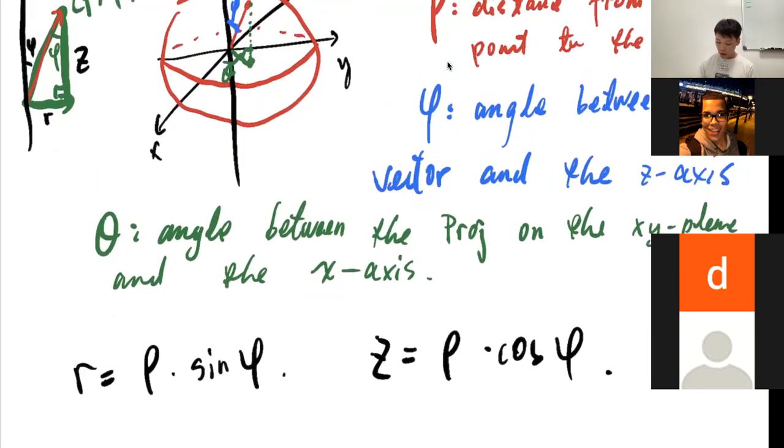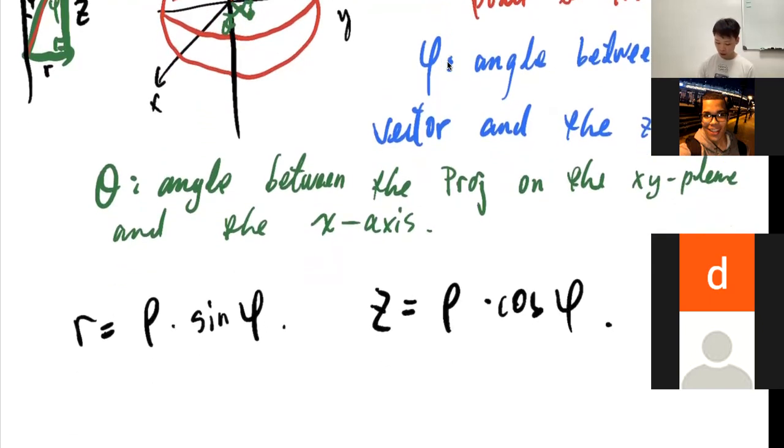Okay. So now we have your vector r like this. Now with the r and theta, this becomes the polar coordinates. So x is equal to r cosine theta.